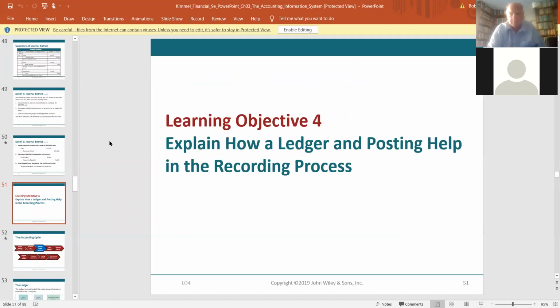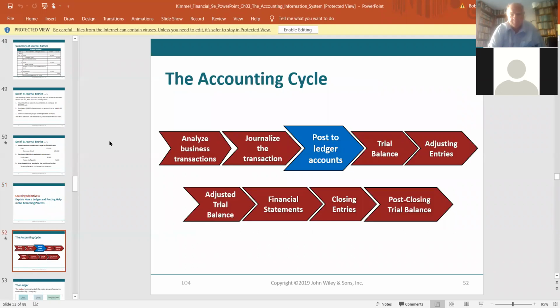Explain how a ledger and posting help in the recording process. Now, notice we're up to the blue arrow, the 3rd arrow. And today we're going as far as, I think, the trial balance. I'm not sure. But we go post to the ledger accounts. We have now entered journal entries.